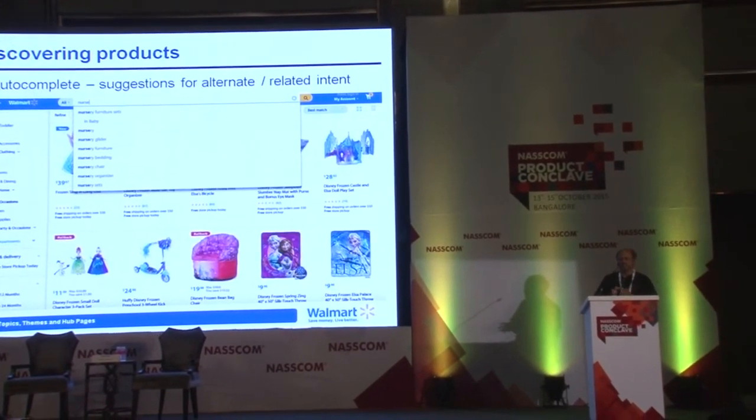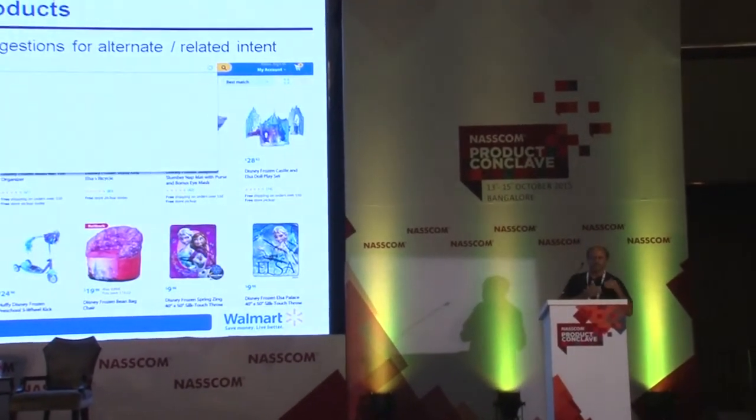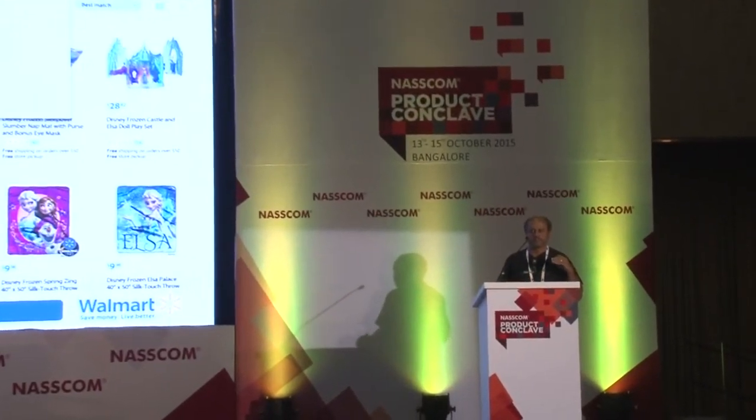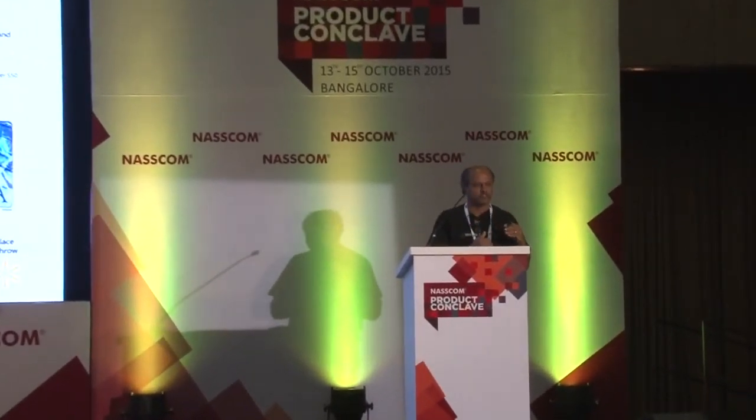And that essentially gives the user a hint to say, don't limit yourself. It may not necessarily be what you're looking for, but here are some alternative suggestions and areas that you could start exploring. Once again, the intent is to facilitate discovery and to guide the user to say, this is the start of your shopping experience. We don't want to narrow you down too much, and we provide you as broad a function as possible so that you find the right thing that you're looking for.